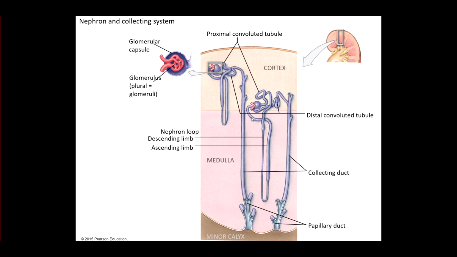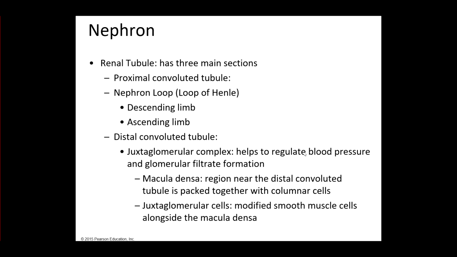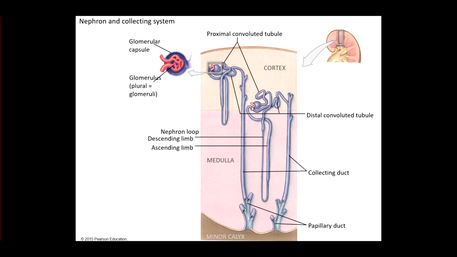Distal means that it's furthest away from the Bowman's capsule, and again, convoluted means that it's twisted. Okay, so that's your distal convoluted tubule. So you'll notice that this distal convoluted tubule, as I mentioned before, goes back towards the afferent arteriole.